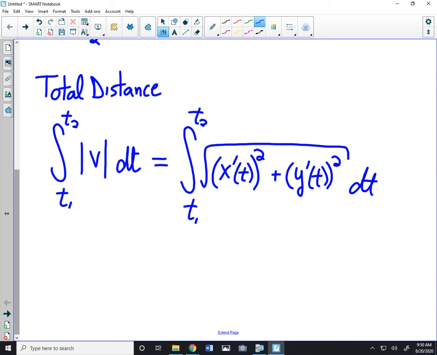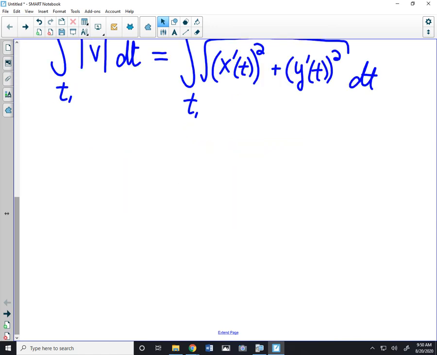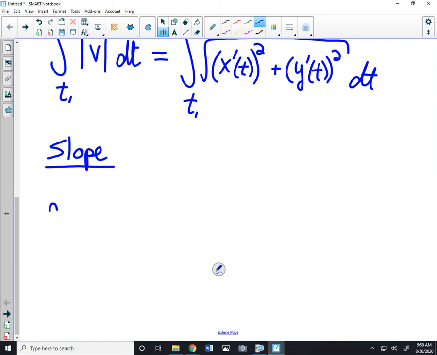All right, what else we got? Well, we might want to find the slope at a given time on the graph. Slope don't change what it is. Slope is always dy over dx. But you notice dy over dx don't have no t's in it. So we got to put the t's in somehow.